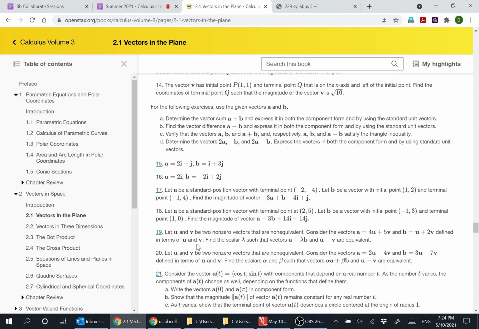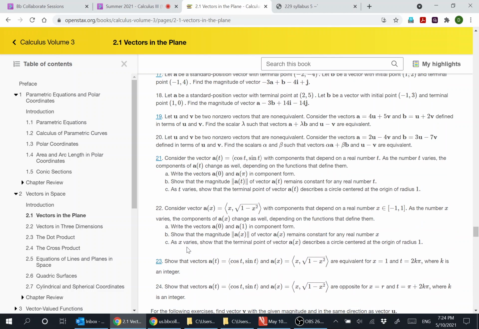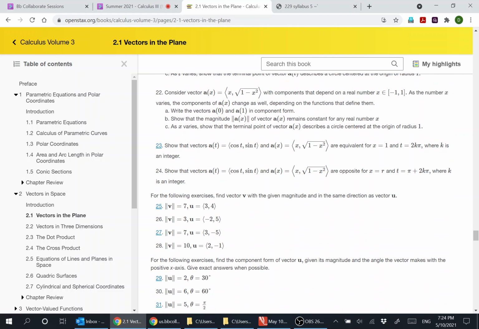Okay, so 25. For the following exercises, find vector v with the given magnitude and in the same direction as u. These are nice problems, so we'll do 25 and 26.